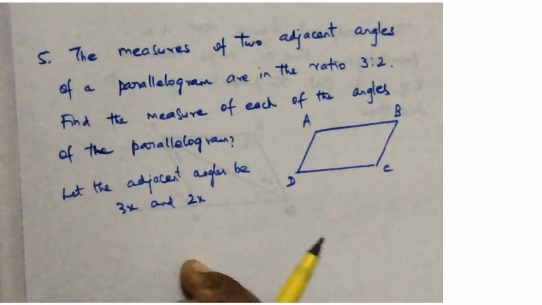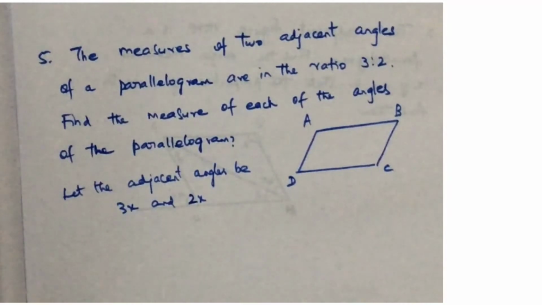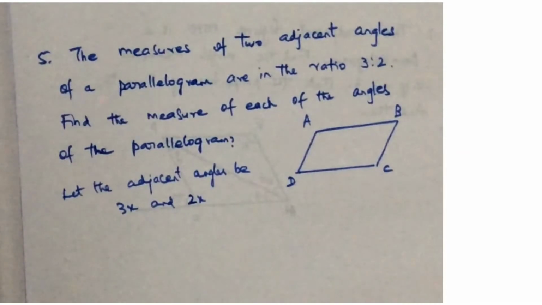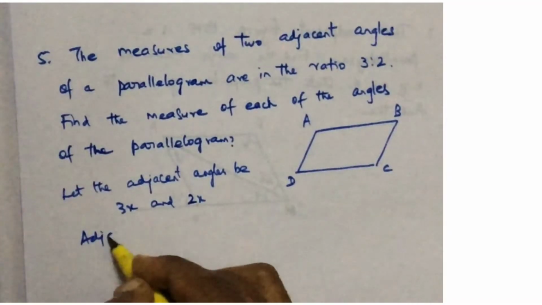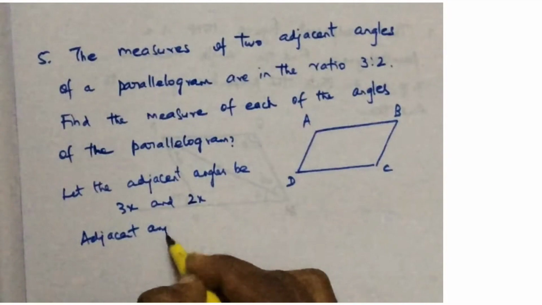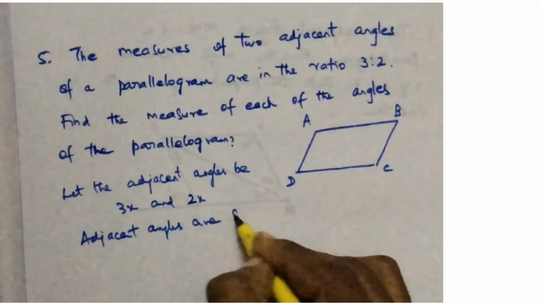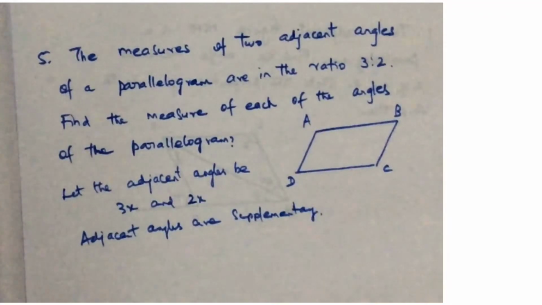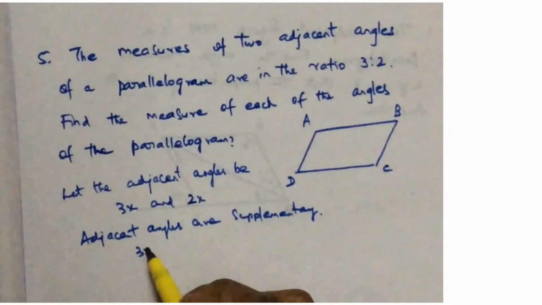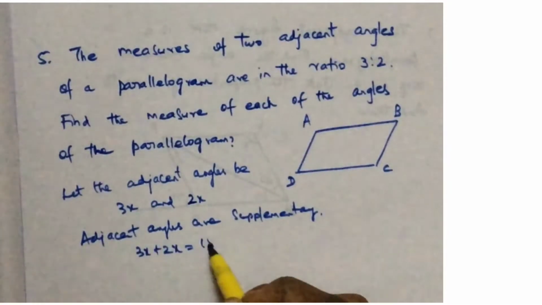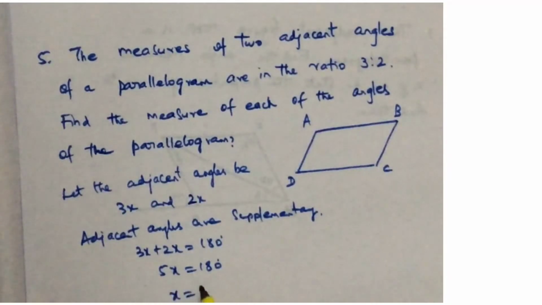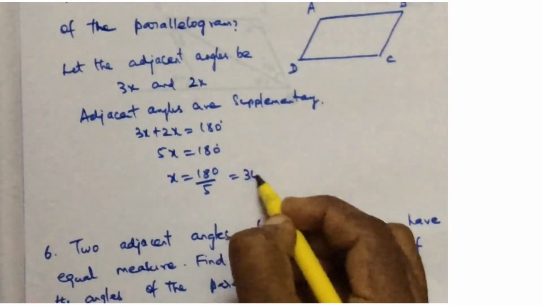Now you know how to convert a ratio into the original numbers. Adjacent angles are supplementary, which means if you add 3x plus 2x, it should give 180. So 5x equals 180, x equals 180 divided by 5, that is equal to 36.